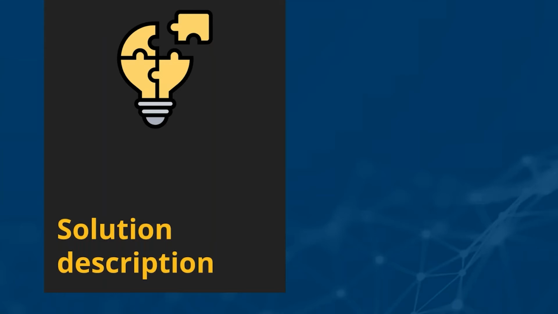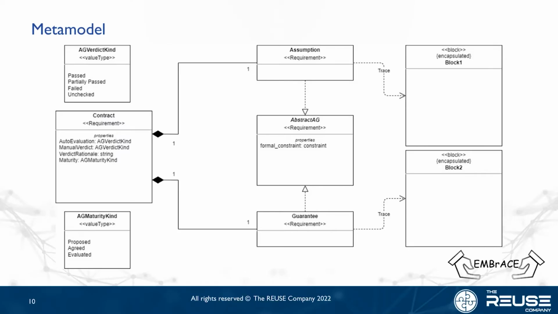In the solution description, we implement a meta model on top of Rhapsody. This implementation comes from the Embrace project, a European project. So the first implementation that we did is in IBM Rhapsody 9.0. A contract is composed of an assumption and a guarantee.